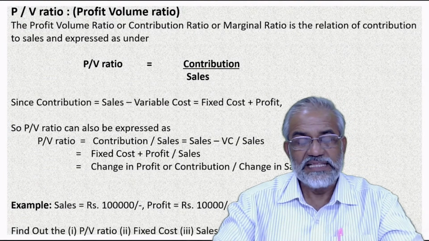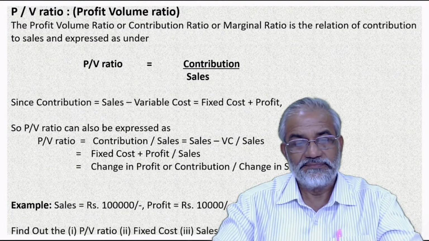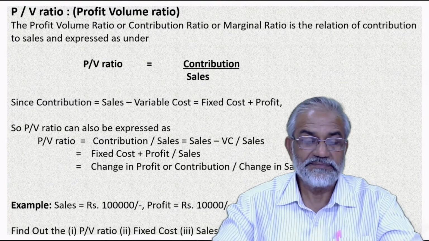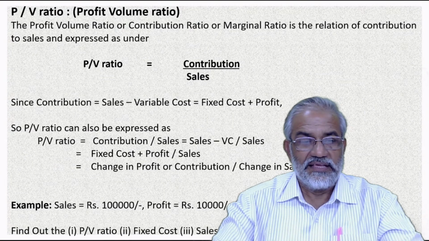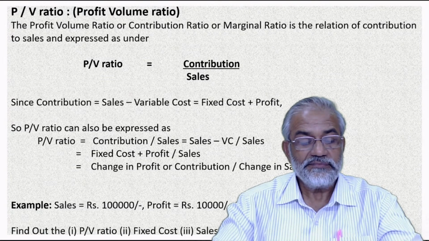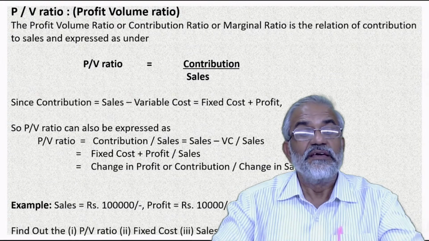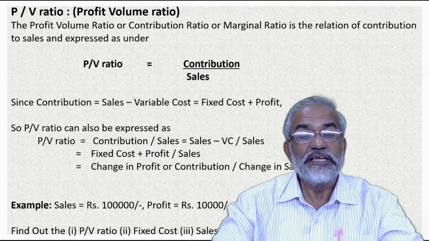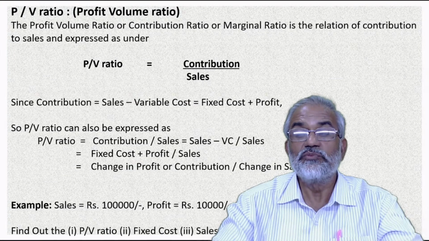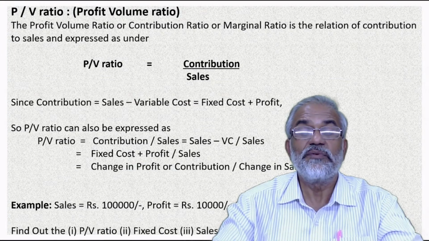Suppose the sales is 1 lakh, the profit is 10,000, and the variable cost is 70%. That means first we need to find out the PV ratio, then we need to find out the fixed cost, then we need to find out the sales volume to earn a profit of rupees 40,000.